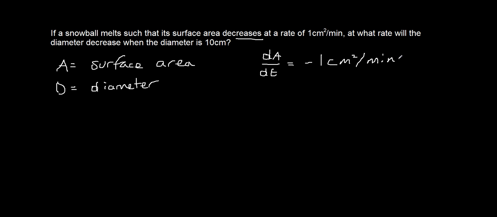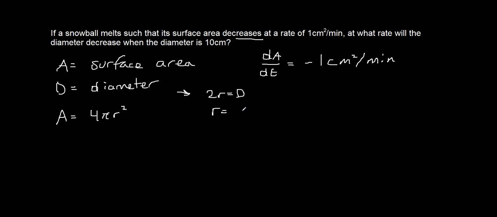Okay. So what I would do, do you remember the formula for the surface area of a sphere? Because let's assume the snowball is a sphere, or else it's going to be pretty hard. The surface area of a sphere equals 4 pi r squared. Now we don't actually have r in this case, we're dealing with diameter. So you might want to show the equation: 2 times the radius equals the diameter, right?